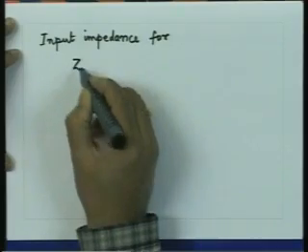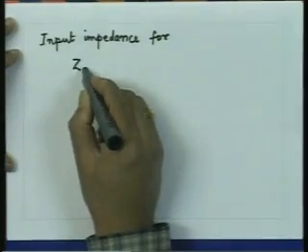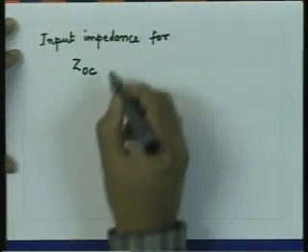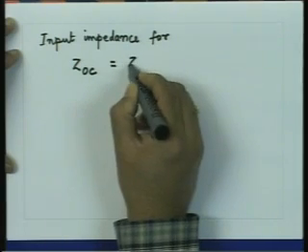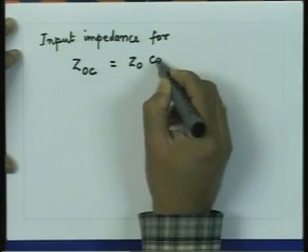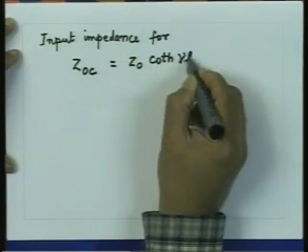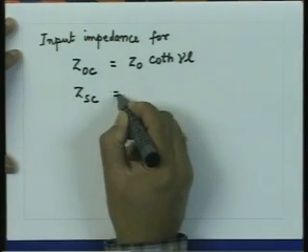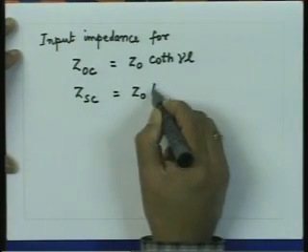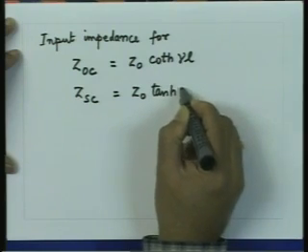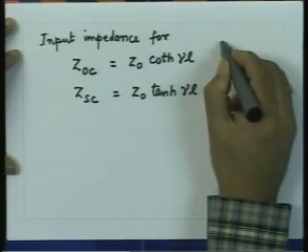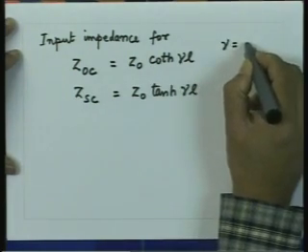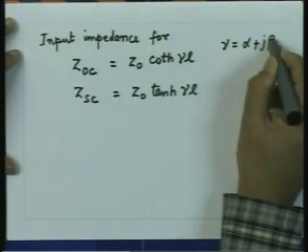So, let us call for an open circuited line, let us say this is denoted by ZOC. So, that is equal to Z0 coth(gamma L), and for ZSC, the short circuited line, that will be Z0 tanh(gamma L), where if you remember gamma is equal to alpha plus j beta.